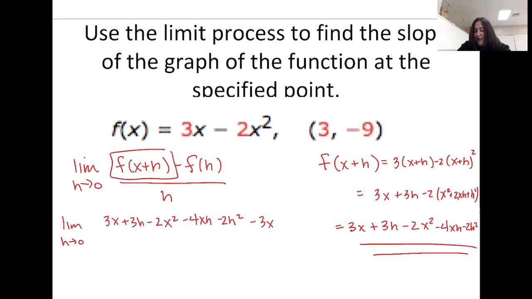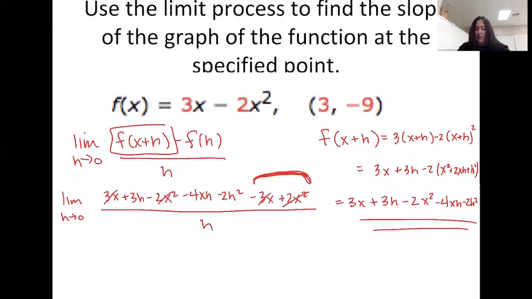So I'd have minus 3x and a plus 2x squared all over h. Now, as we're doing this, what you will notice is my 3x and negative 3x will cancel. My negative 2x squared and my 2x squared will cancel. So what I tell my calc students is everything at the end should cancel out. If it doesn't, then you'll have a mistake. And if you would not have distributed that negative, you would have a problem there.